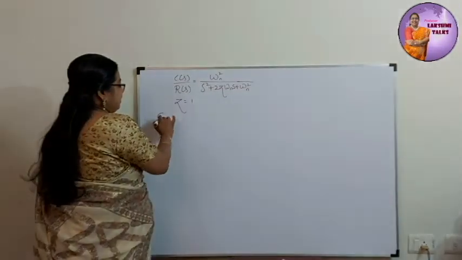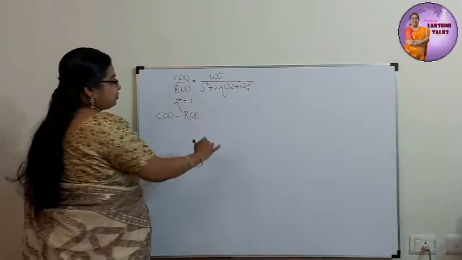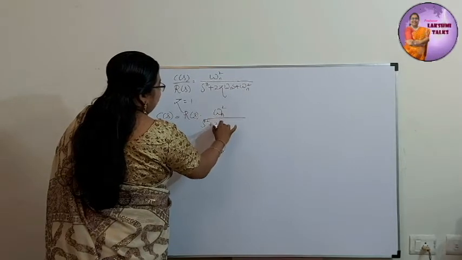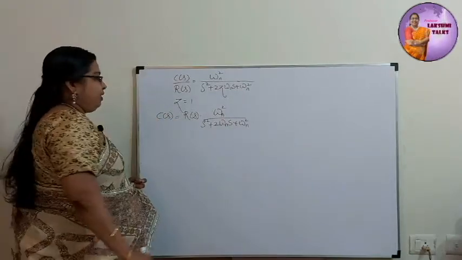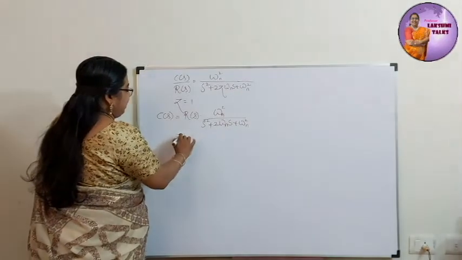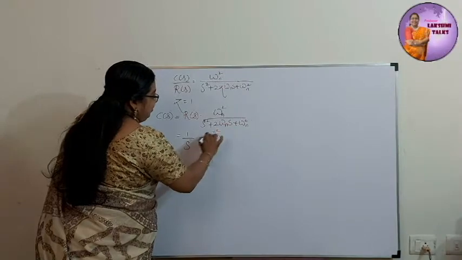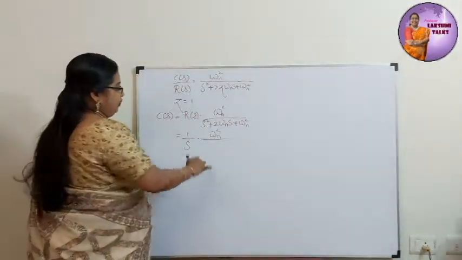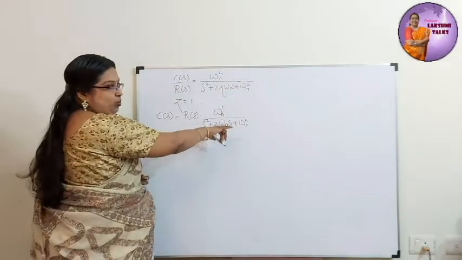So what happens? C of s is equal to R of s into omega n square divided by s square plus 2 omega n s plus omega n square. Right? We know that since it is a unit step input, R of s is equal to 1 by s, into omega n square divided by, see this is like s plus a the whole square form, right? s plus omega n the whole square is nothing but s square plus omega n square plus 2 omega n s, right?